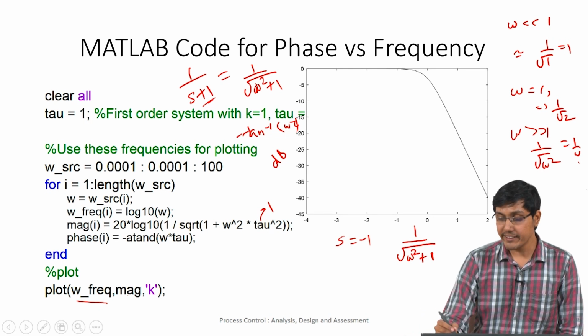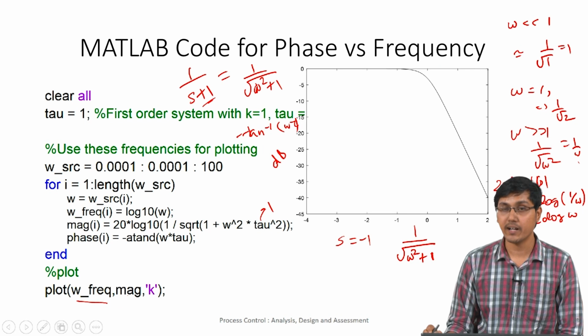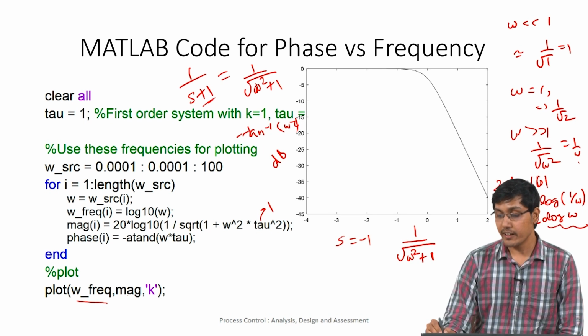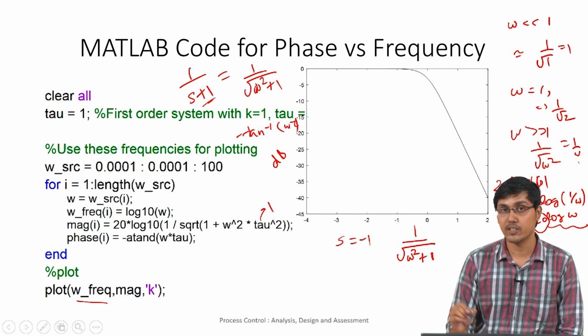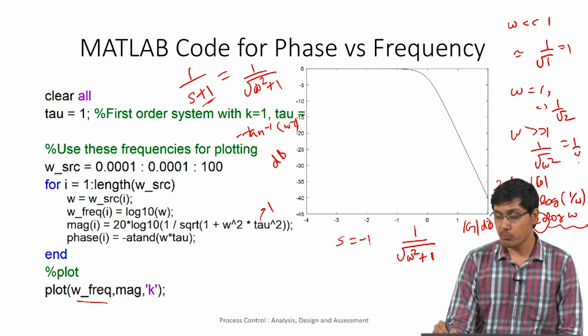If we take 20 log of the magnitude, this value is nothing but 20 log of 1 by omega, or minus 20 log of omega. So the magnitude in decibels has a slope of minus 20 for every unit of log omega.